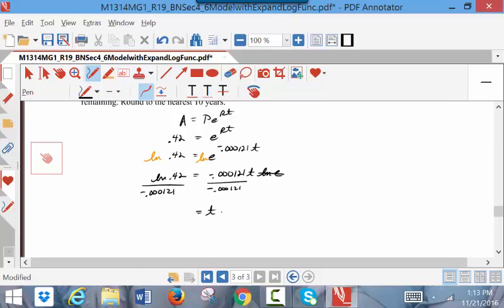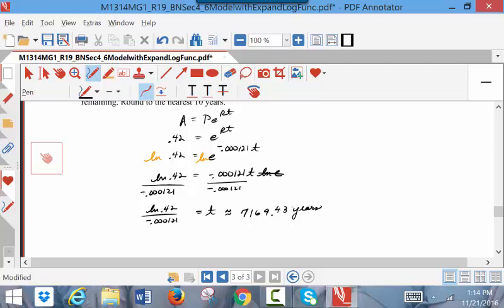Okay, so if you plug all that in, I came up with, what did I come up with? Did I do this? Yes, I did. Okay, wow. When I put the natural log of 0.42 divided by the negative 0.000121, I came up with 7,169.43 years.